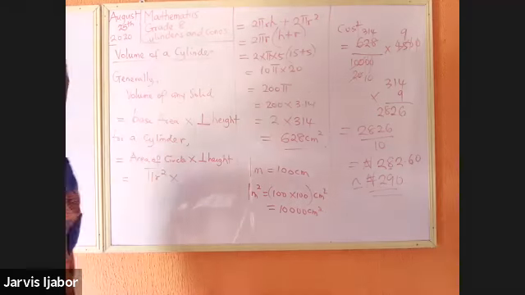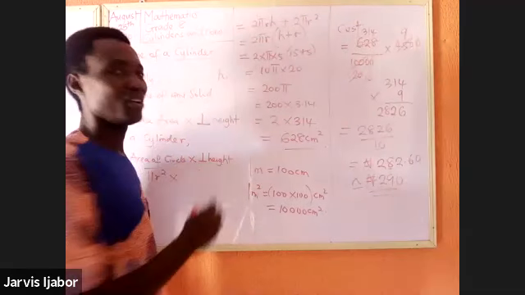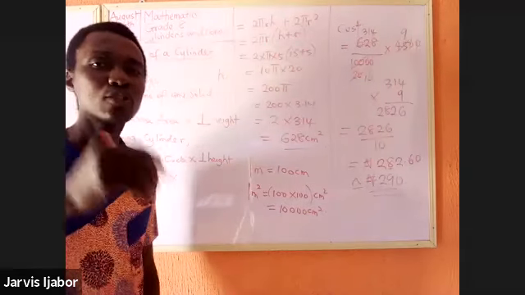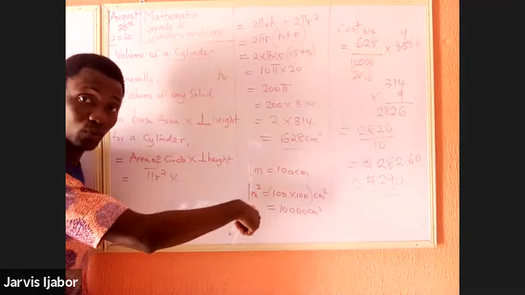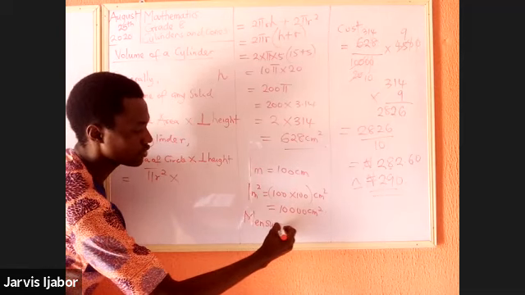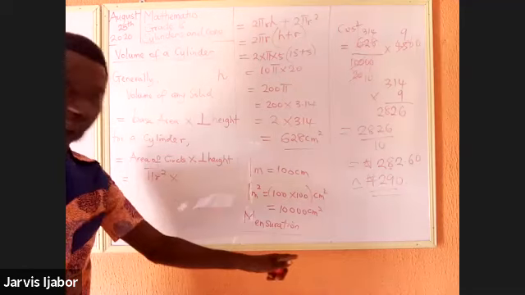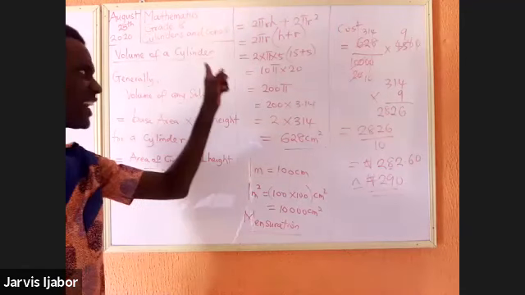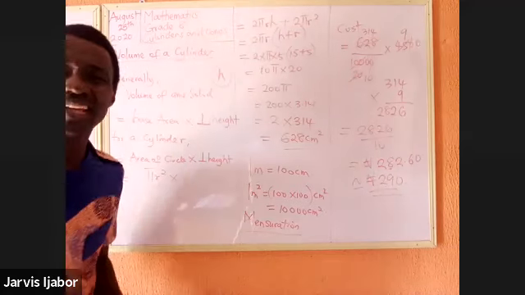Now take note of this. Anytime in geometry you see the letter H, usually when you're talking about mensuration, I'll spell mensuration on the board. Mensuration. Anytime you're dealing with geometry and the subtopic mensuration, and you see the letter H, we are talking about perpendicular height.